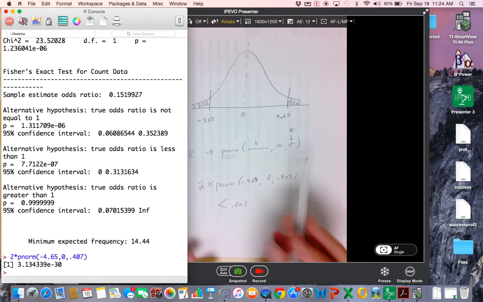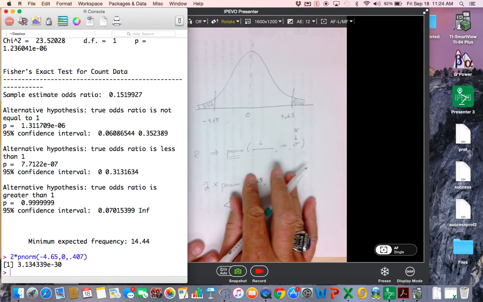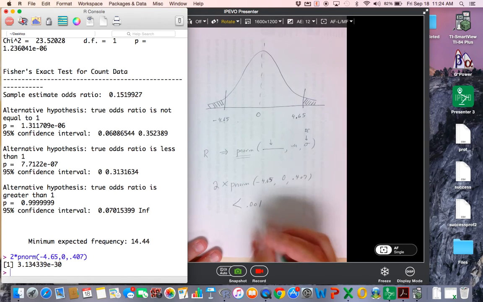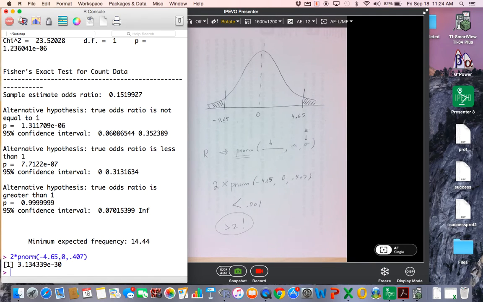Now, as a rule of thumb, anytime your test statistic is greater than 2, that is typically an indication that you're going to have statistical significance. Okay. One more thing to think about. Let me go ahead and finish this up.